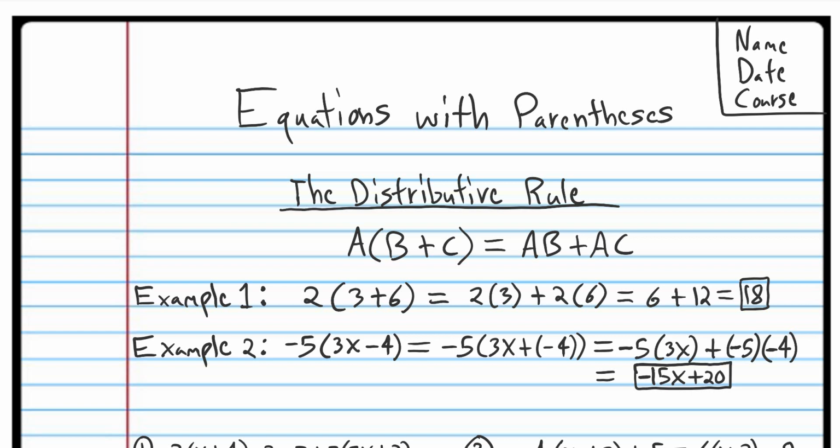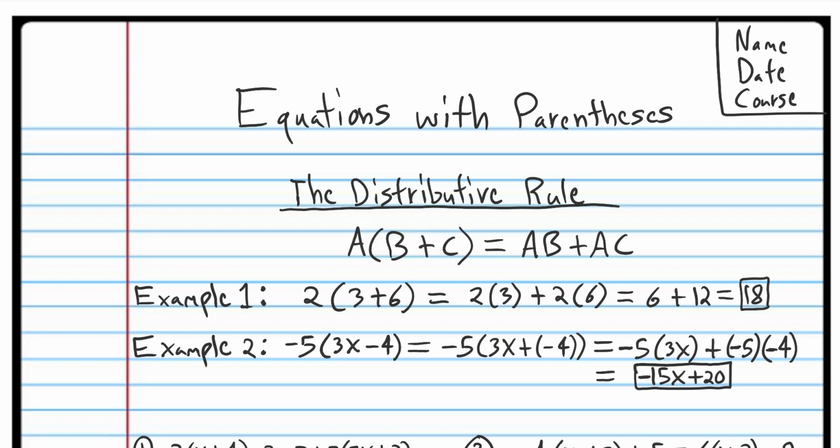So the distributive rule says that if you multiply a number by a sum, and we show the multiplication, by the way, with parentheses. You see these parentheses here. Remember, we learned in the last couple classes that you show multiplication in algebra with parentheses. So when a letter is right next to those parentheses, that means that we're multiplying the number a by whatever's inside the parentheses.